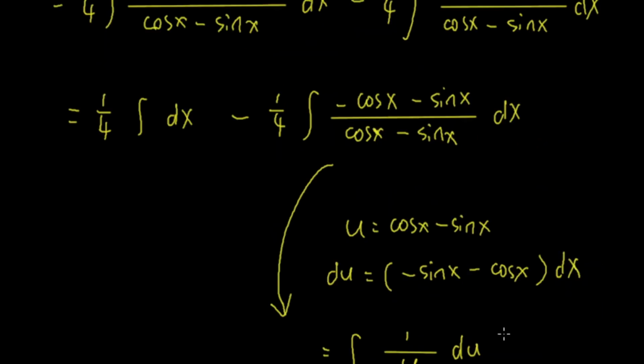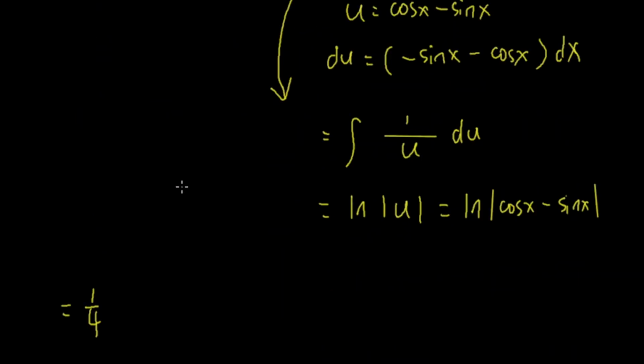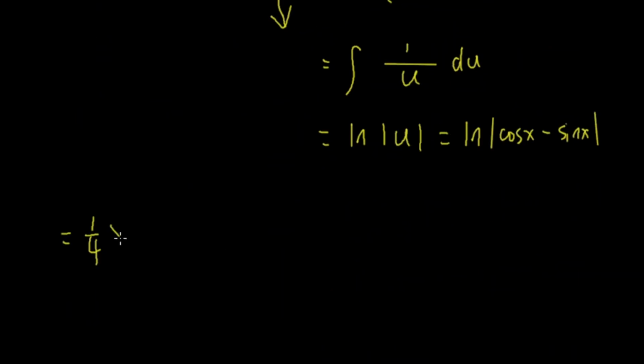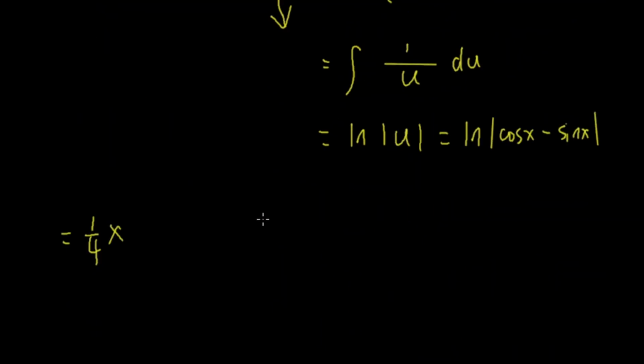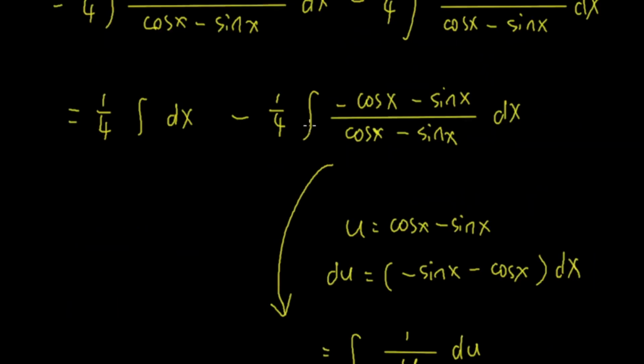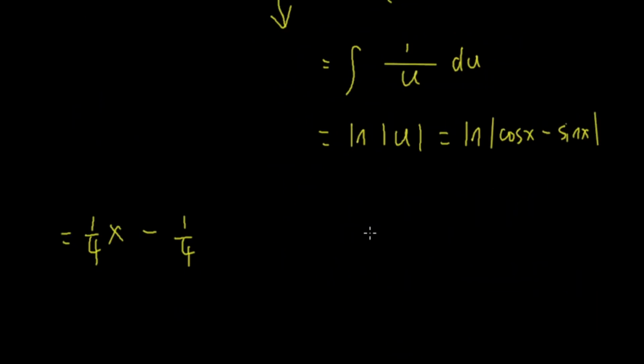Okay, now this whole integral here is equal to 1 over 4. Integral of dx is just x, so that is times x. Minus 1 over 4 times this integral, which is ln of cosine x minus sine x.